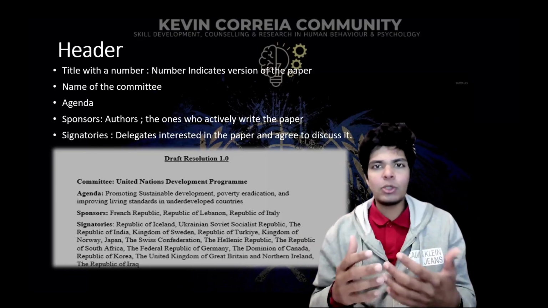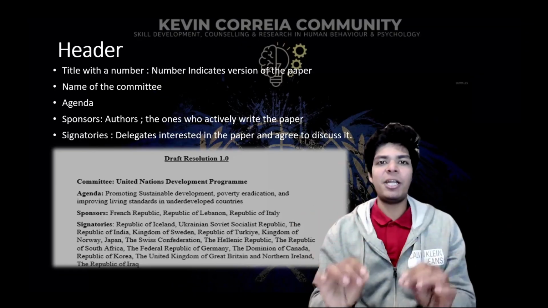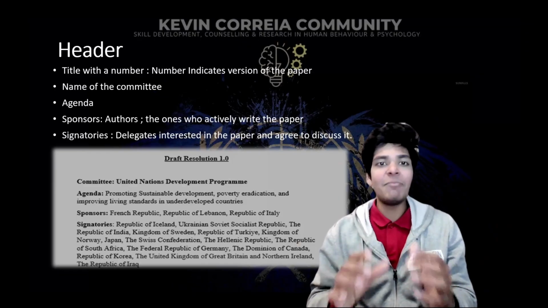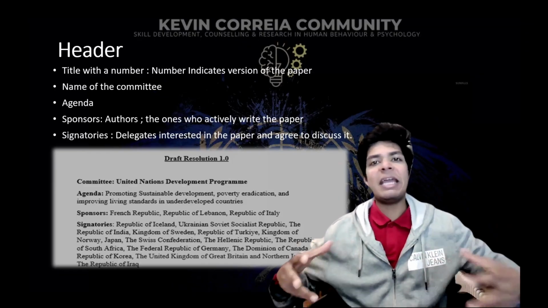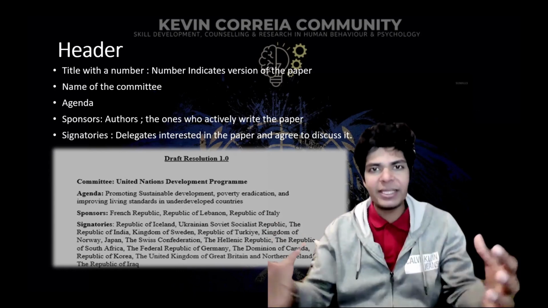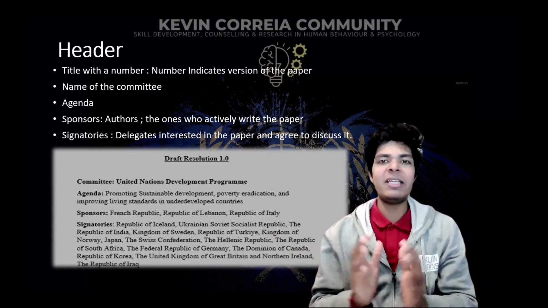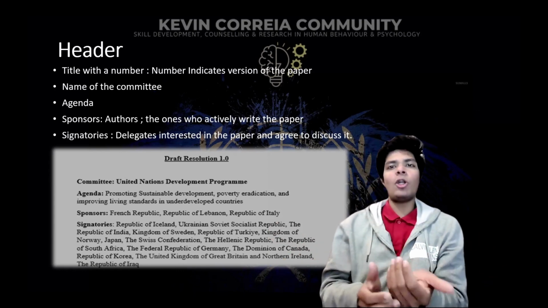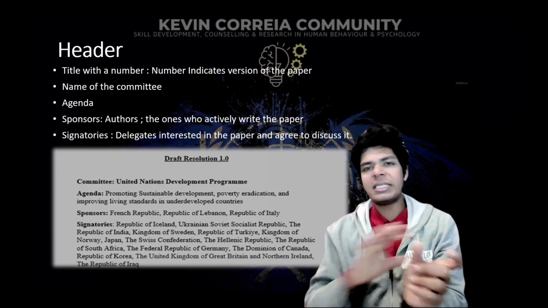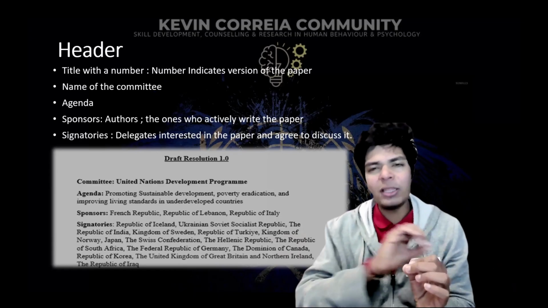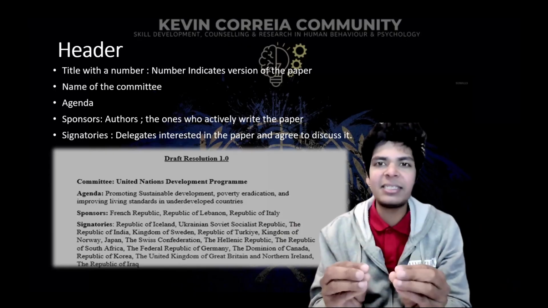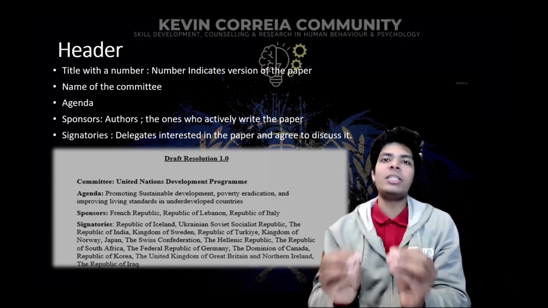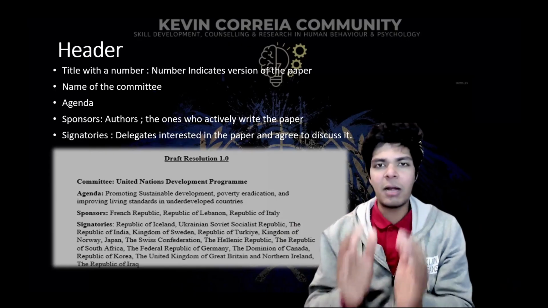Then you go on to talk about the sponsors or authors. These are the delegates who have written this particular paper actively and have been the most important people, they have brought in other members to join their block, but they are the ones who have actively written the paper. Then you write the names of all the signatories. Signatories are all the delegates who are interested in discussing and acknowledging that paper in the committee room.